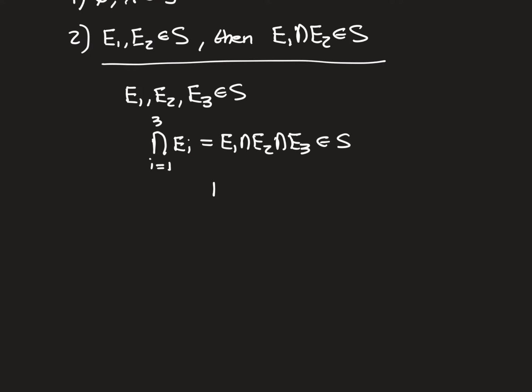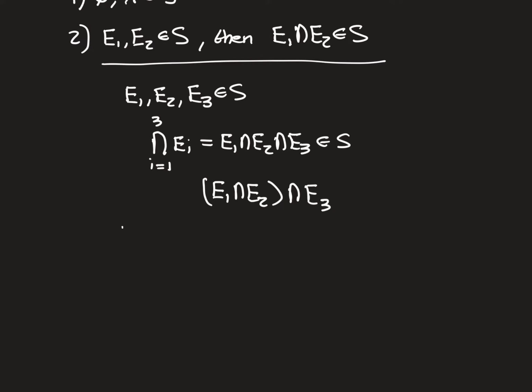But if you take all the things that are contained in E1 and E2, and then intersect that with E3, then everything you end up with here is going to be the same as what you would end up with here, because you're saying, take everything that's both in E1 and E2 to create this thing, and then take everything in that which is also in E3. So that means it's going to have to be contained in E1, E2, and E3, which is exactly what this means.